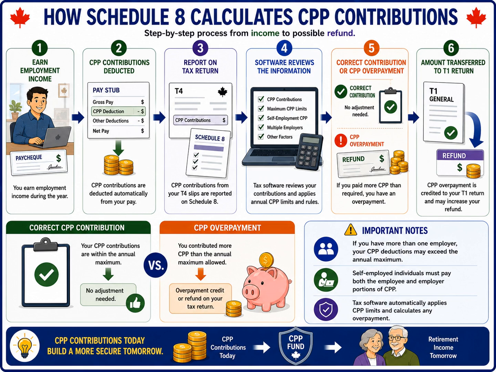Verify the CPP contributions reported by each employer. Review any self-employment income, and carefully examine the results produced by Schedule 8. Although the software performs the calculations automatically, accurate data entry is essential to ensure that taxpayers receive any CPP refund or credit they are entitled to claim.